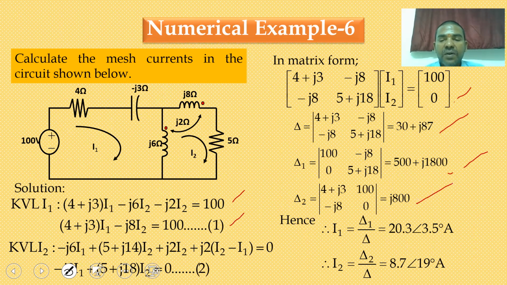So I1 is 20.3 at an angle of 3.5 degrees, and I2 is 8.7 at an angle of 19 degrees. The unit of current is amperes.